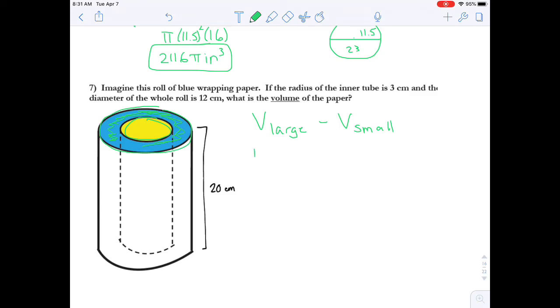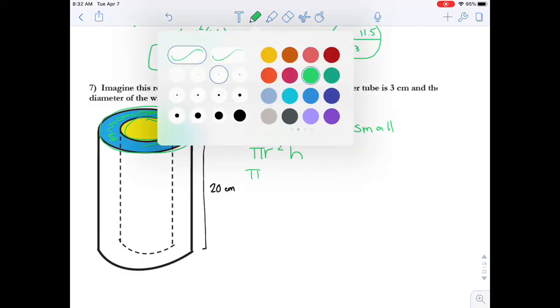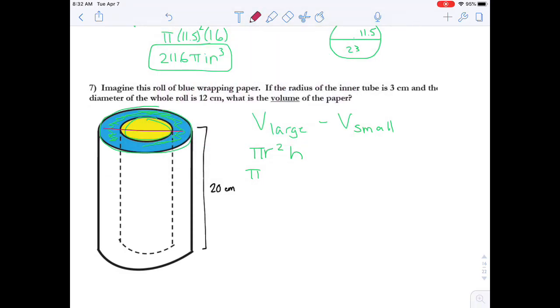So for the large one, again, it's a cylinder, so pi r squared times the height. So pi, we have a diameter of 12 going all the way across. So that would leave this just to be 6, so 6 squared. And the height is 20 for both of these. For your small one, also pi r squared times the height.